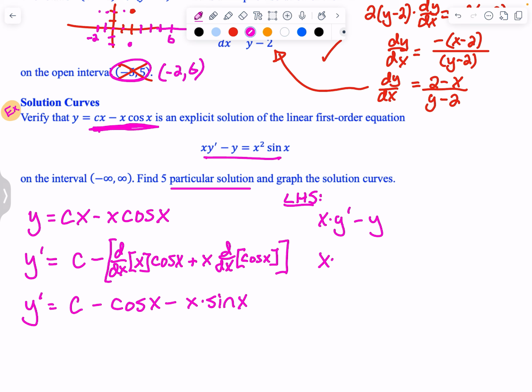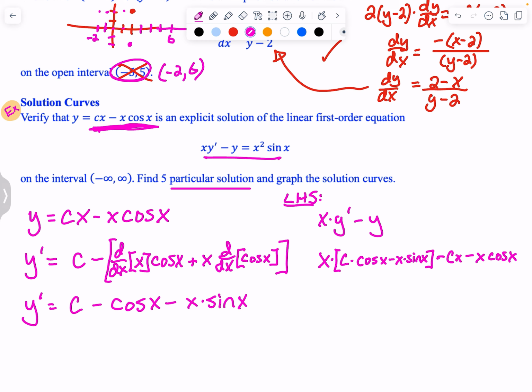All right, x times, okay, y prime is going to be c minus cosine x minus x times sine x, and then minus cx minus x cosine x. Okay, let's see what we can get.